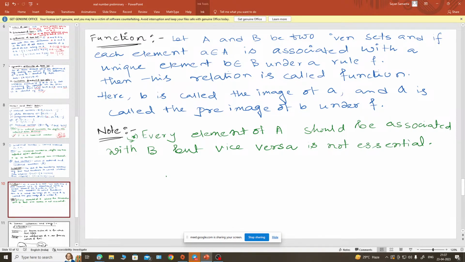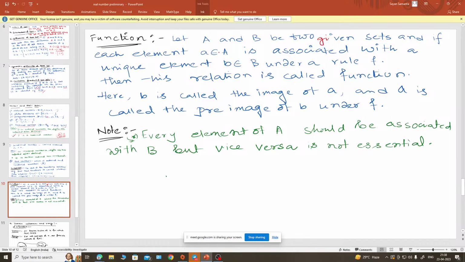Next, what is a function? It is most important. First we read this definition. Let A and B be two given sets.